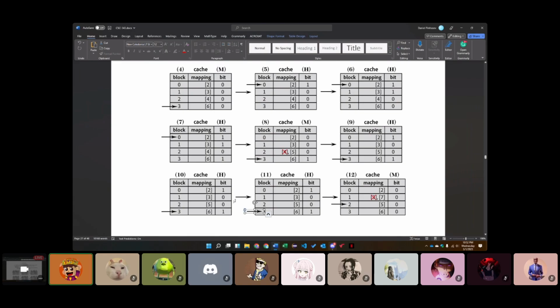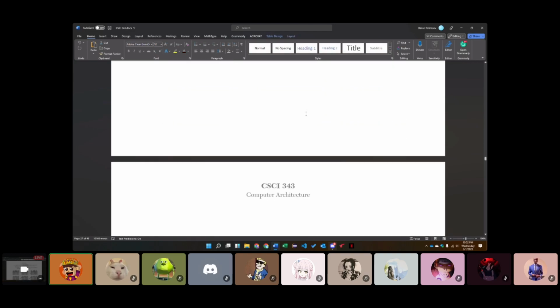I don't know how you do this with a table, but I think if you have scrap, you can just quickly sketch out little tables like this with the clock hand so that you keep yourself organized.